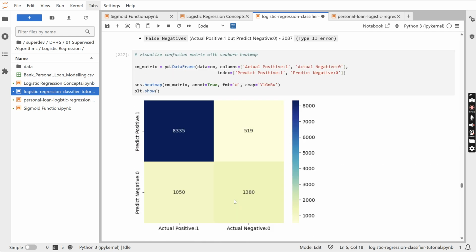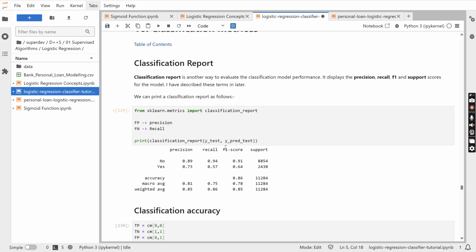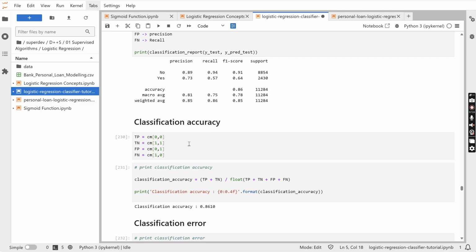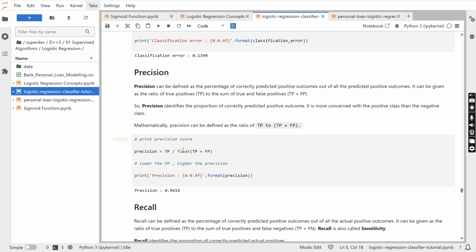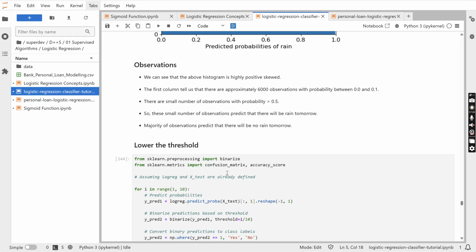This also applies to a loan approval use case: if 50% is the threshold, anybody getting a 50% probability will get the loan. But if you want to decrease the number of people getting the loan, so that only the ones who have all the features properly set get it, then you have to increase the threshold. That means your false negatives will decrease. That is what we are trying to see.